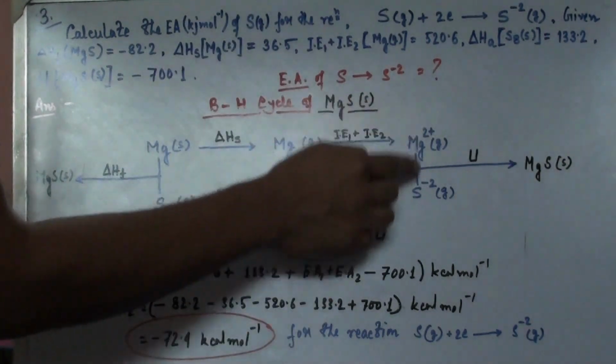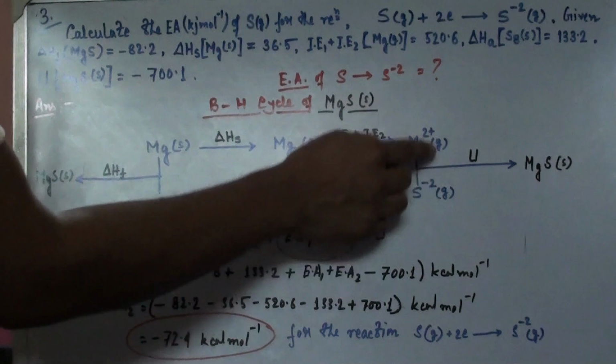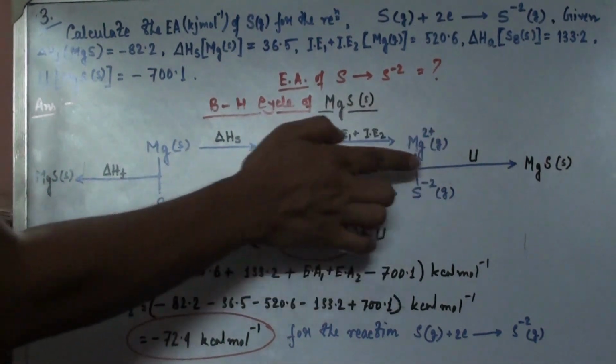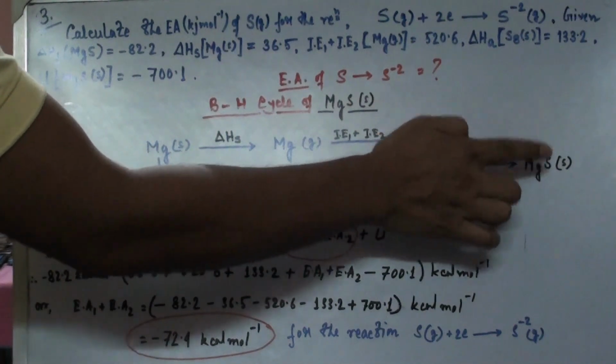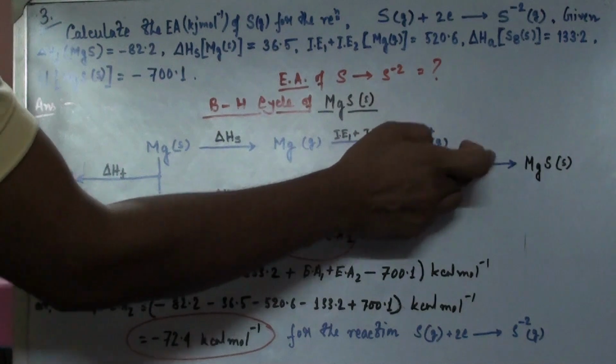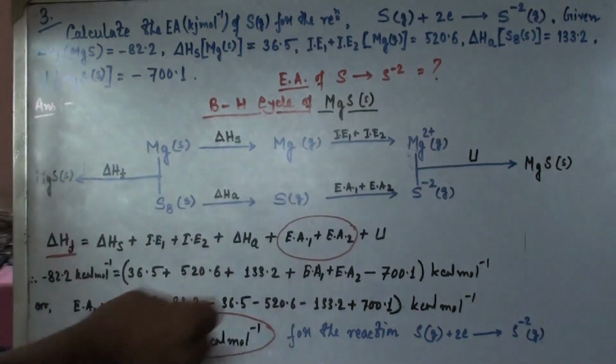Now magnesium 2 plus and sulfide 2 minus, these two ions can combine with each other in the gaseous phase to form magnesium sulfide solid. This process is nothing but lattice formation, so the energy involved in this process is called lattice energy.